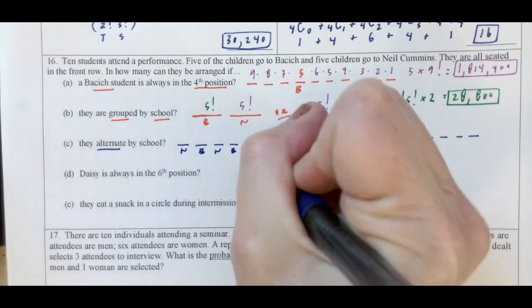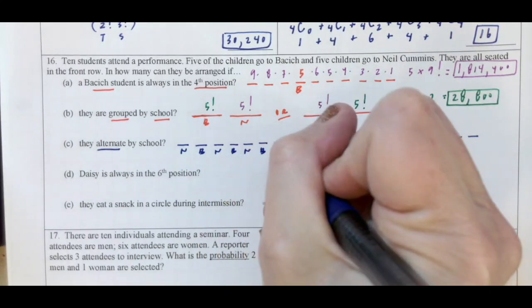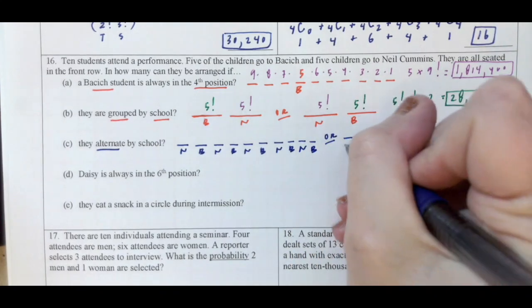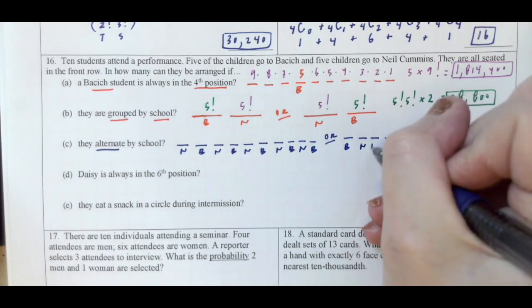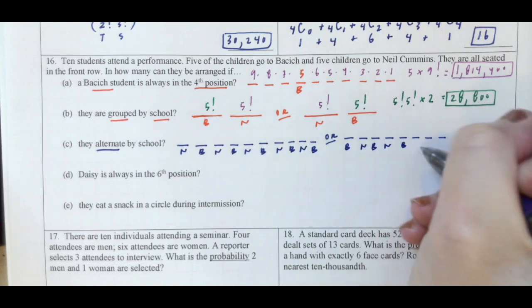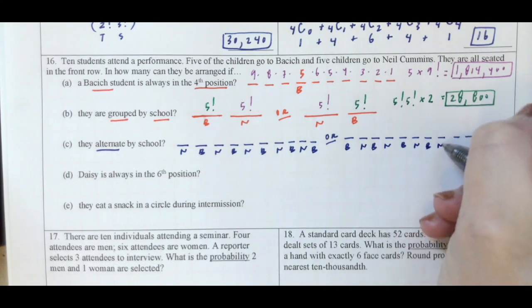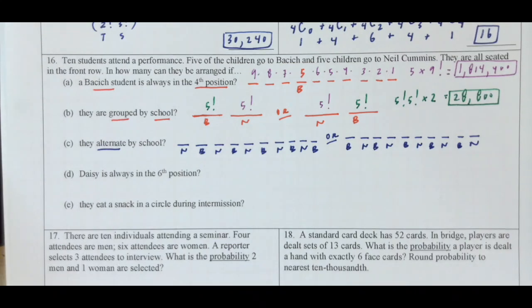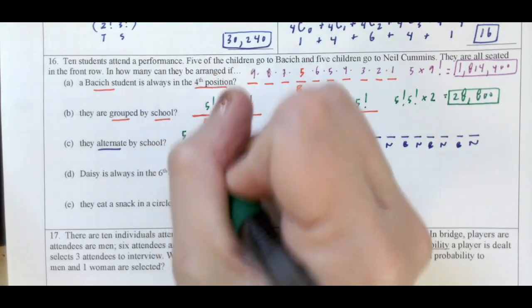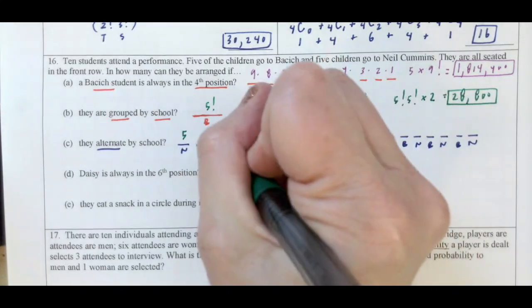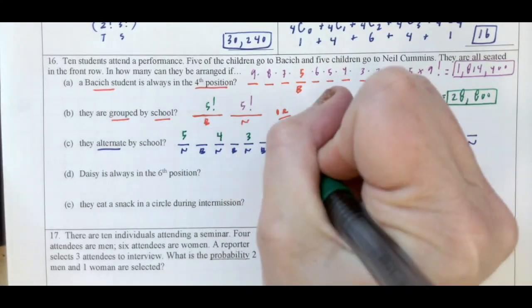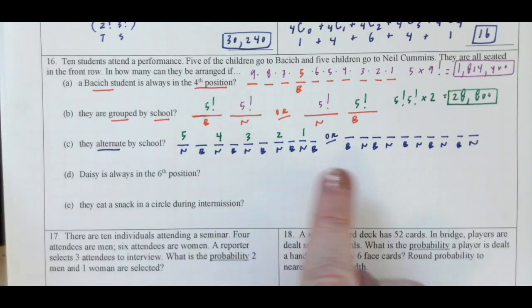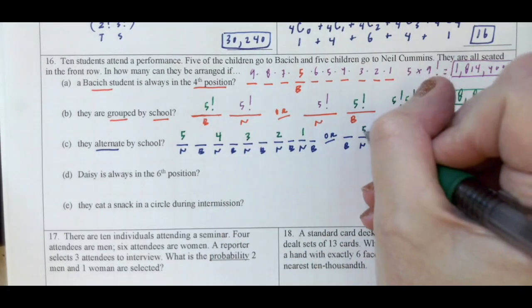Let me alternate all the way down, or Basich, Neil Cummins. Okay, so if I focus on just Neil Cummins, 5 of them could be in that first slot, then 4, 3, 2, 1. So it's a permutation for Neil Cummins here, and over here it's going to be the same.